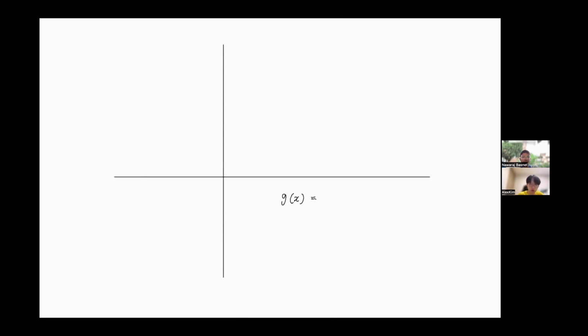So I'll draw the x and y axes. Right, so the problem gives us a certain graph that is labeled as g(x), which is equal to the absolute value of 2x. And that graph is shown as something like this.